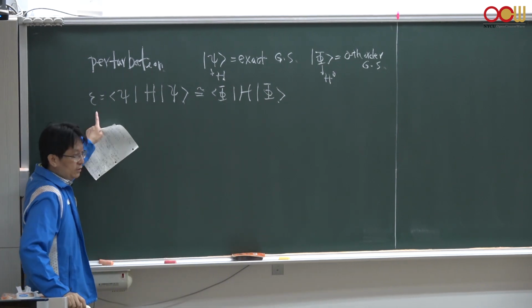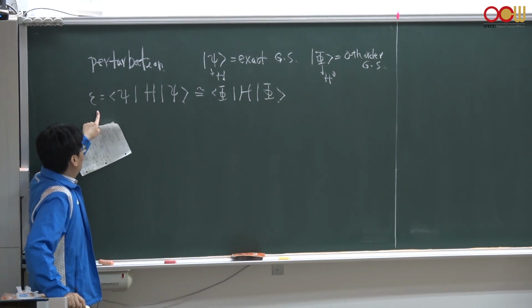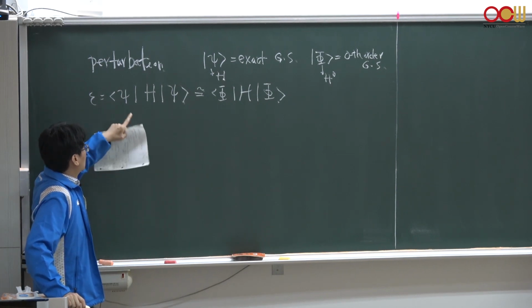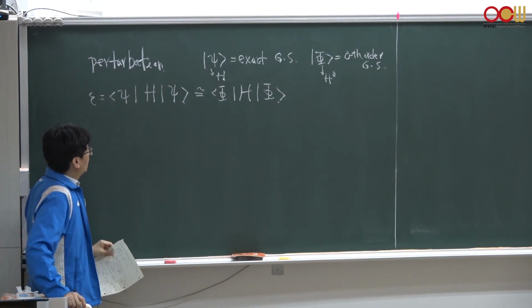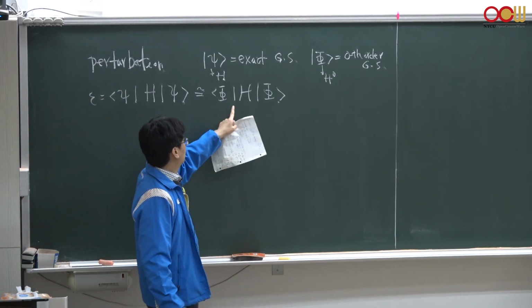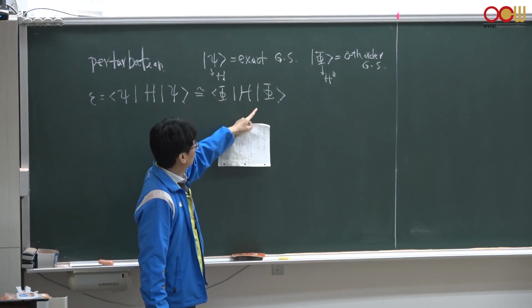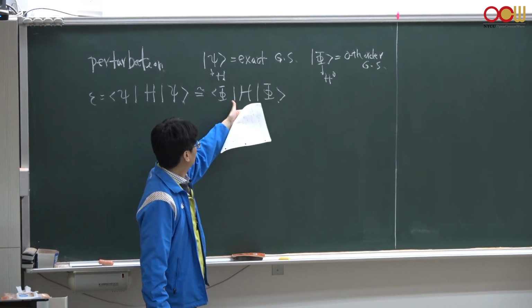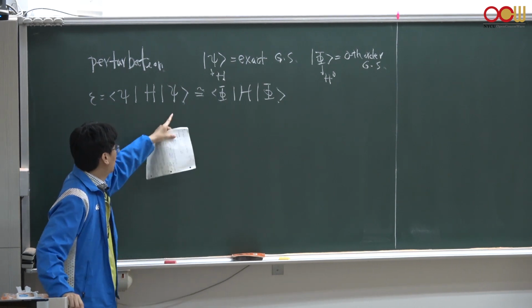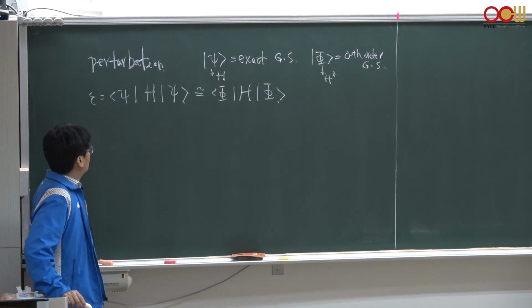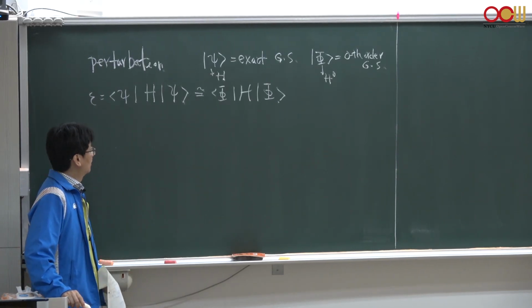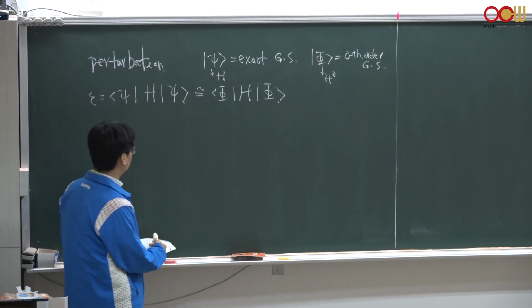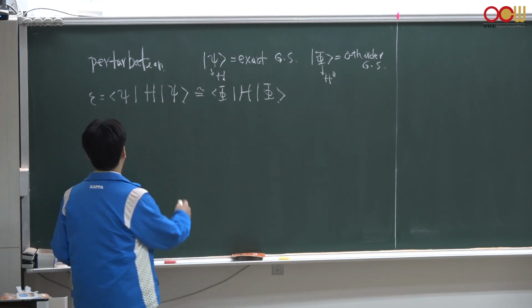Now we try to evaluate this eigenenergy, the expectation value of the Hamiltonian sandwiched by the full exact many-body ground state, which we don't know. But within perturbation theory, this is approximately given by phi, the zeroth-order ground state, sandwiching this Hamiltonian. So this is just an approximation in perturbation, and we take this as a reasonable starting point to calculate the corrections due to the potential term.